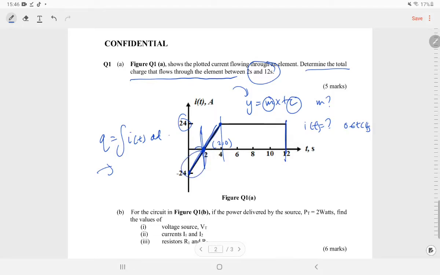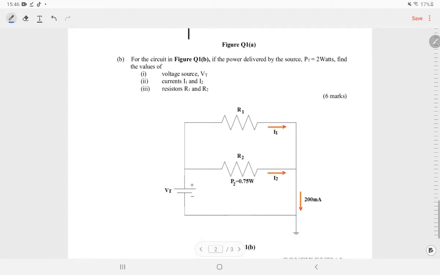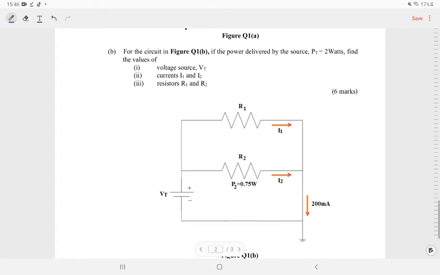Okay, so next for this one, I think this one. Okay, I already discussed this one with section 2 in the tutorial class. So you are given the circuit, and then you're also given the power delivered by the source, which is PT over here. This is our source, equal to 2 watt, right? And then you need to find the value of V of t, and also the value of current, and also the value of resistor.